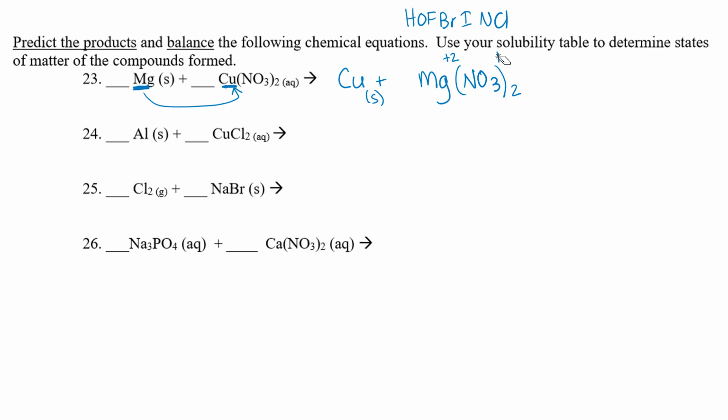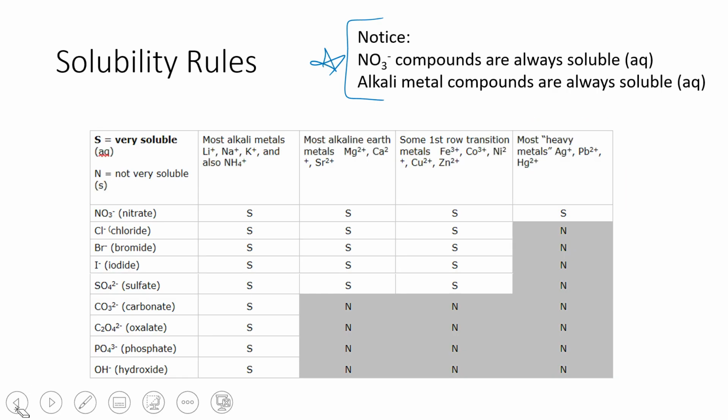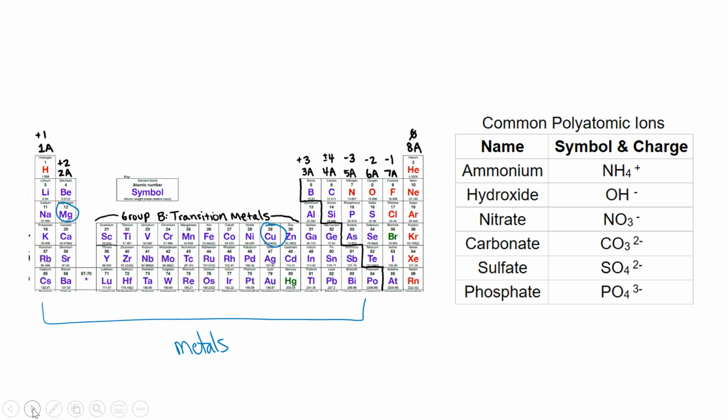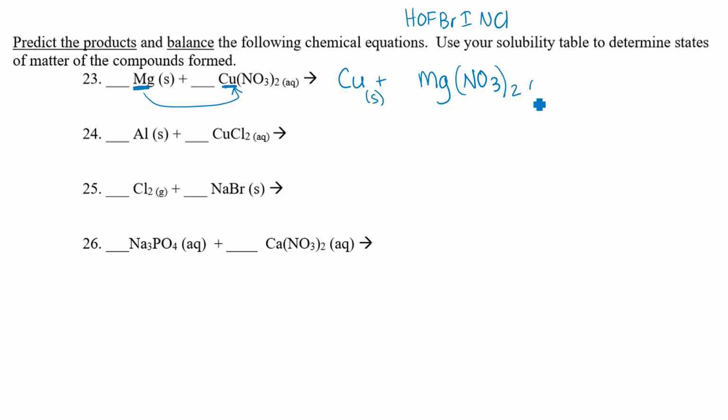And using my solubility rules, we saw that any compound containing a nitrate is going to be soluble. So if I combine magnesium and nitrate, that's soluble, which means this substance is going to dissolve in water. It's aq. All right, let's try another one.